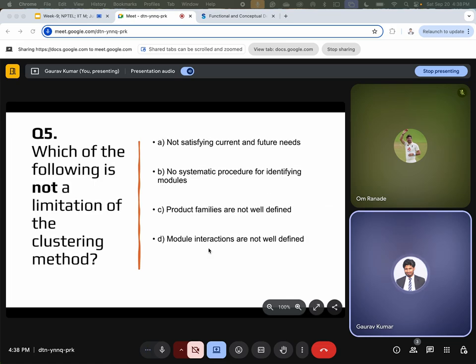Next, which of the following is not a limitation of the clustering method? Is it not satisfying the current and future needs? No systematic procedure for identifying the modules, or product family are not well defined, or module interactions are not well defined? What was the right answer?